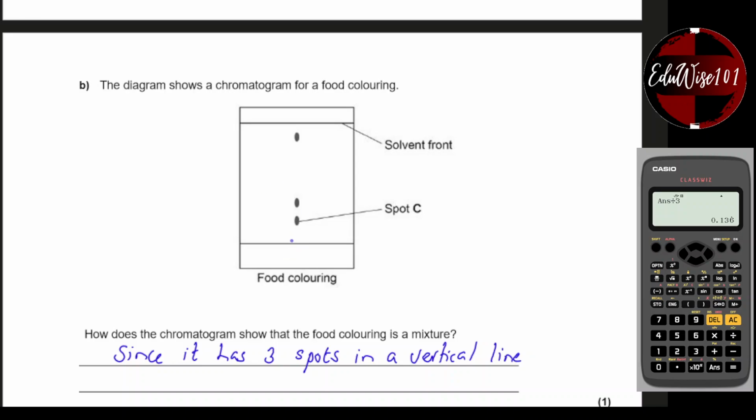So remember, when you start off, you would actually put your original dot on the pencil line here, and when you put the pencil dot on the line, and when you put it on the solvent and leave it, that color will simply dissolve and slowly move up in a straight line. And the reason we can say that it's a mixture is because they're all on the straight line.